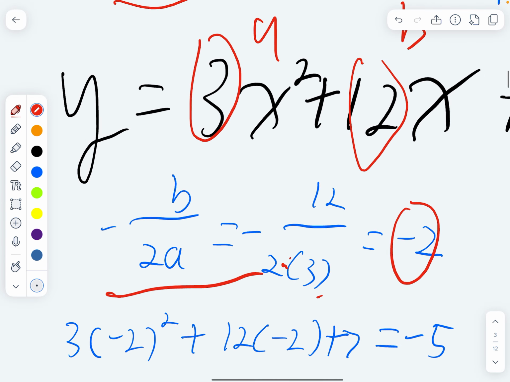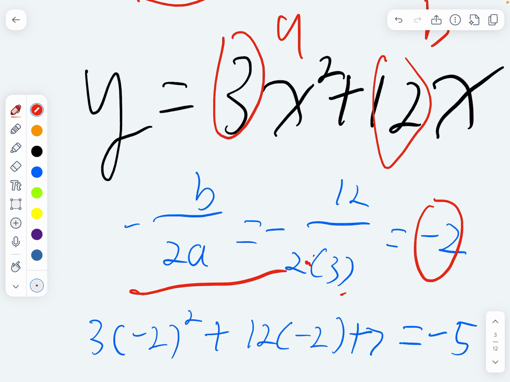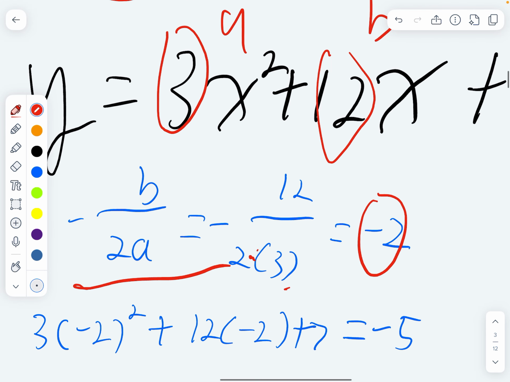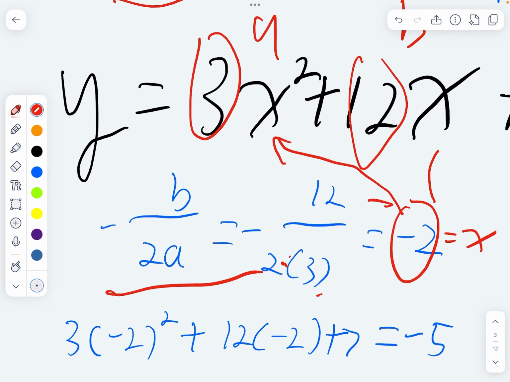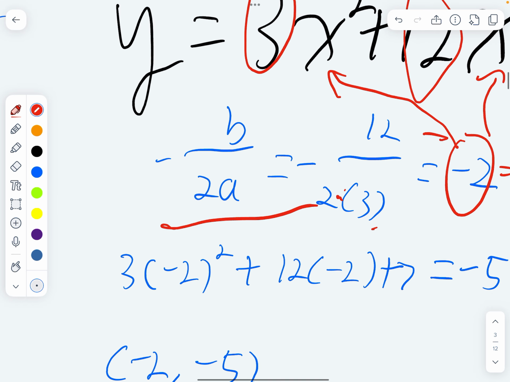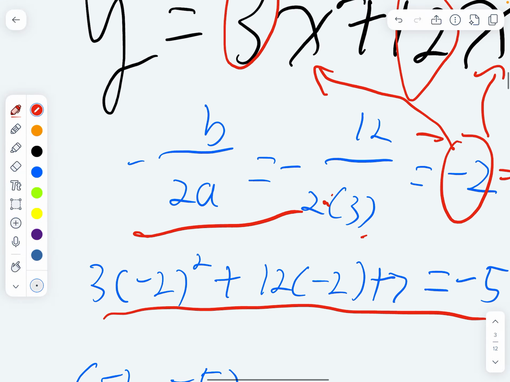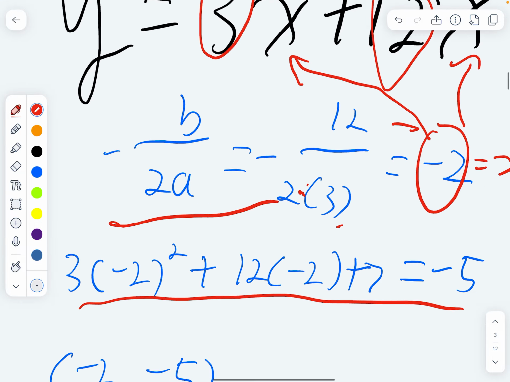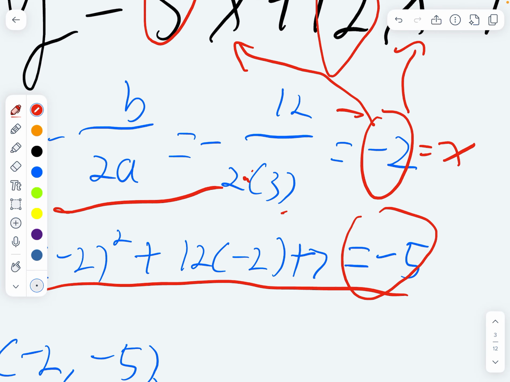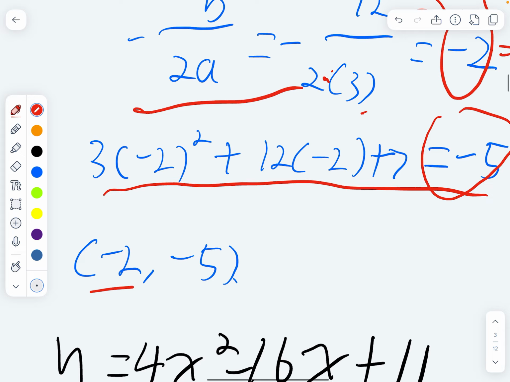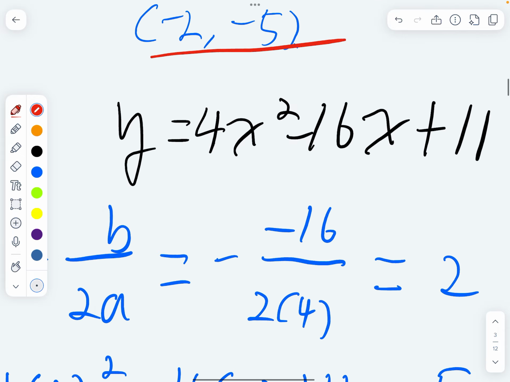In the second step, we take x equal to negative 2 and go back to the relation. So it's going to equal 3 times negative 2 squared, and so on. Finally, we can calculate it to be negative 5. So the vertex is negative 2 and negative 5.